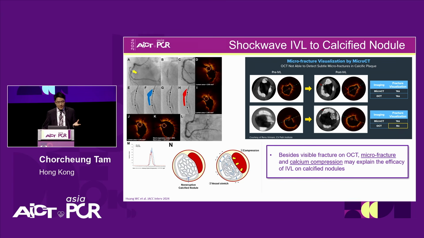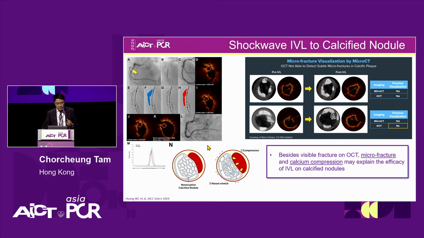Besides cracks, as the speaker mentioned, there are also some possible mechanisms for how IVL can work in calcified nodule. One is microfracture, as seen in micro CT. Another one is compression, right? There's an interesting study published in JACC Intervention, the imaging study by Dr. Huang's group.